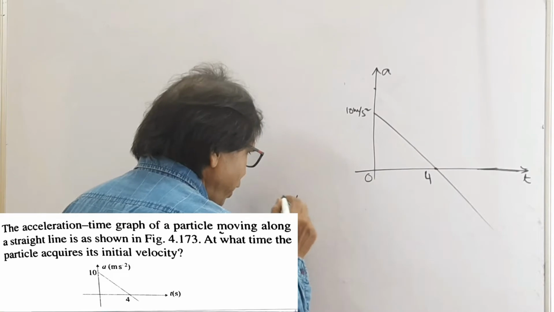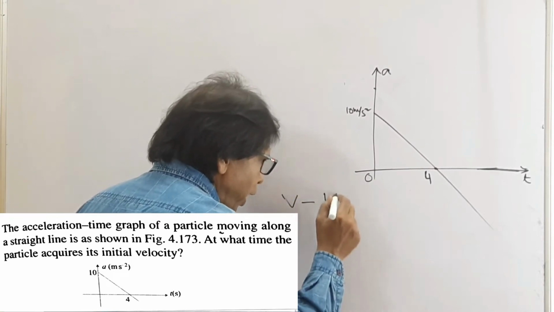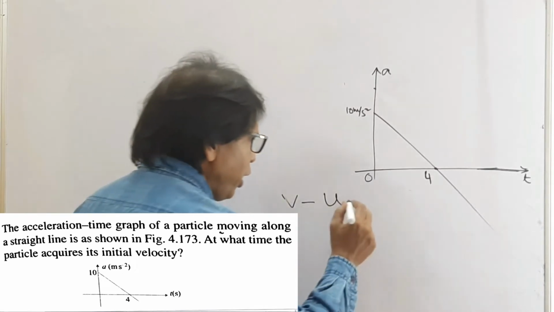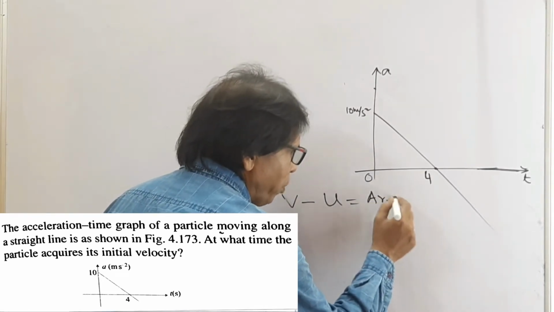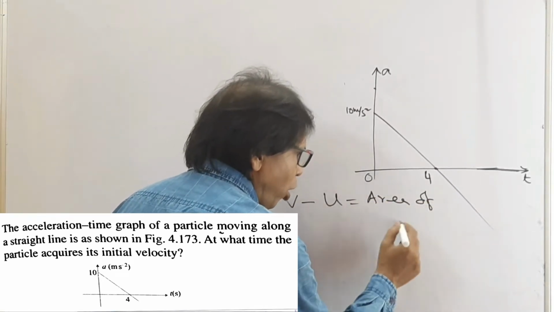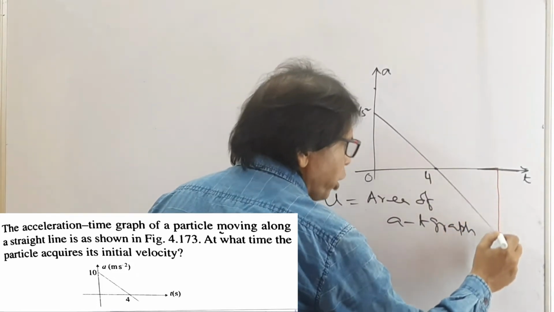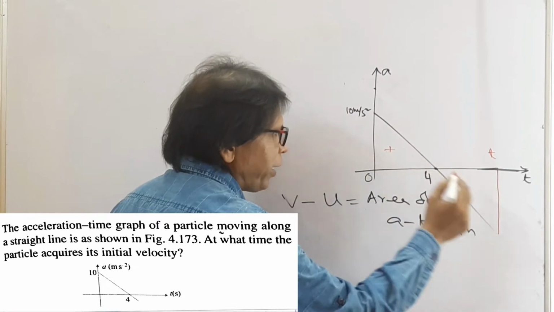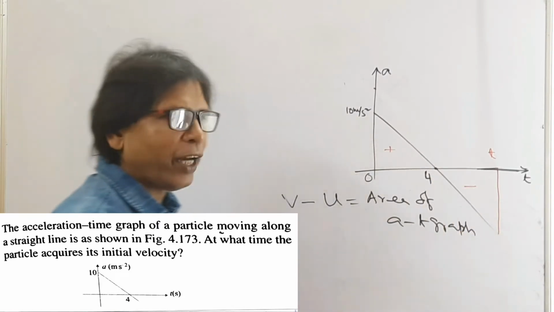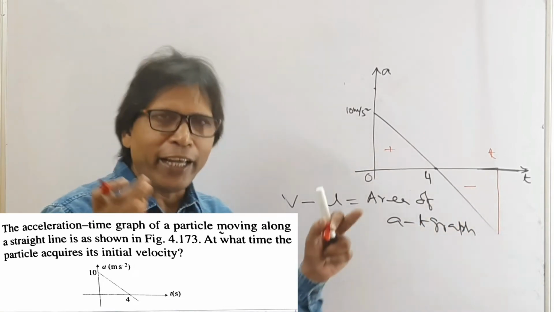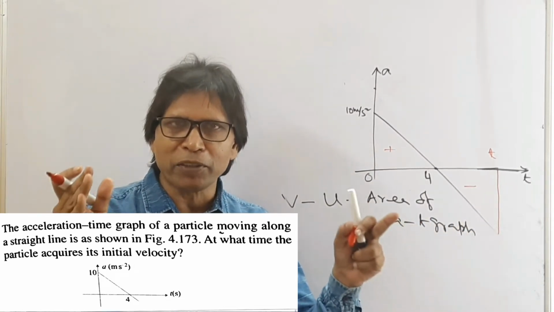If v is the final velocity and u is the initial velocity, then the change of velocity equals the area of the a-t graph. A perpendicular is drawn on it. This is the positive area, this is the negative area. If this area equals this area, then the area of the a-t graph becomes 0.